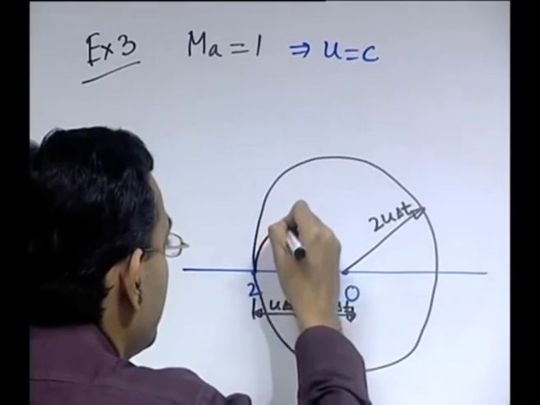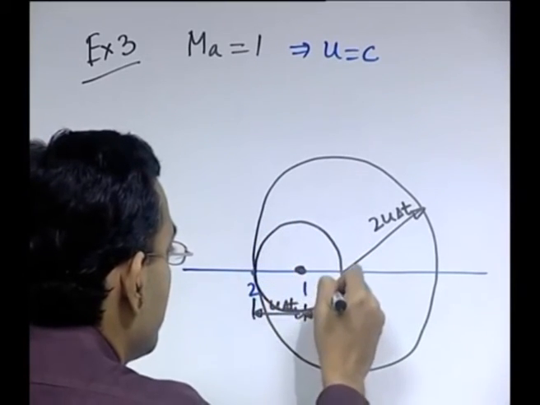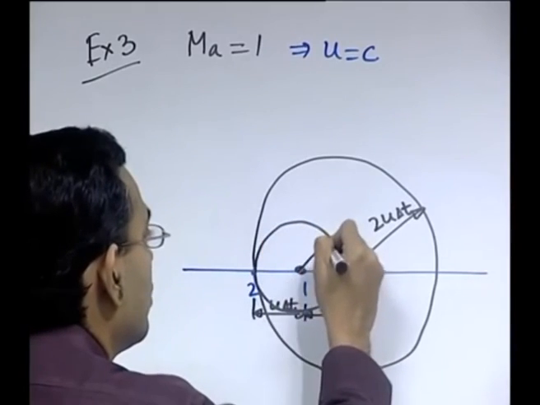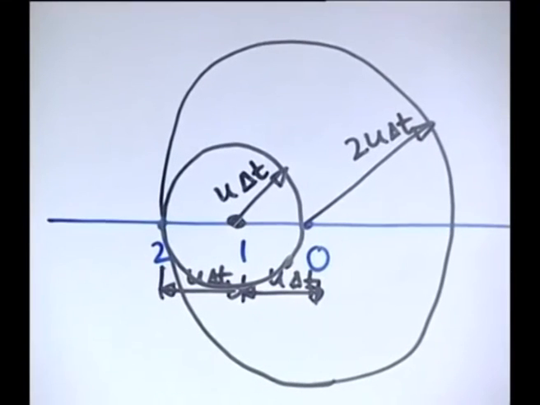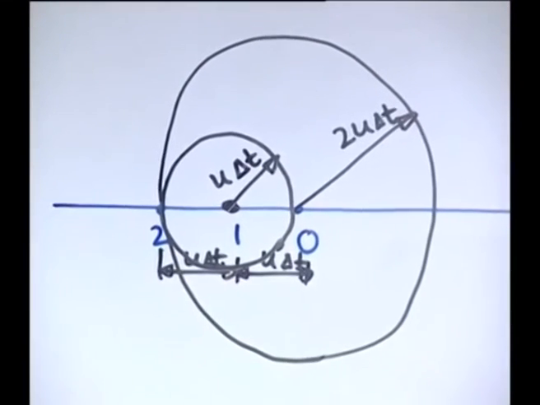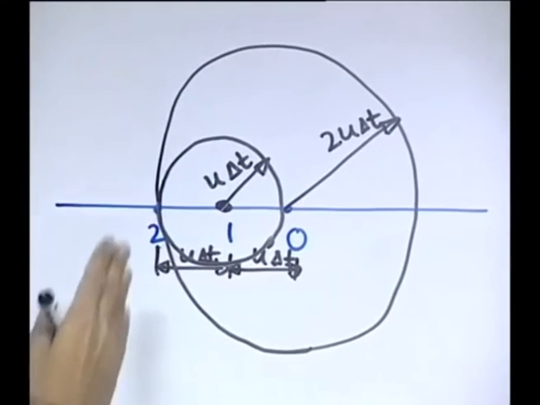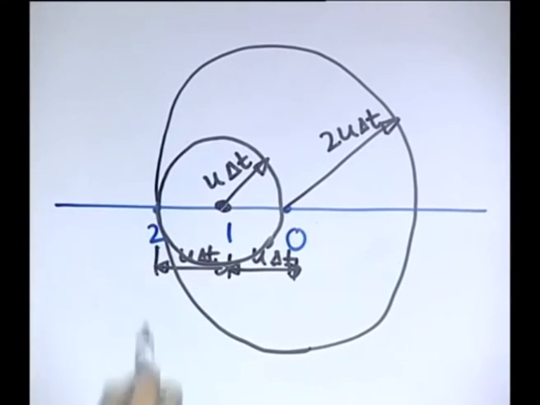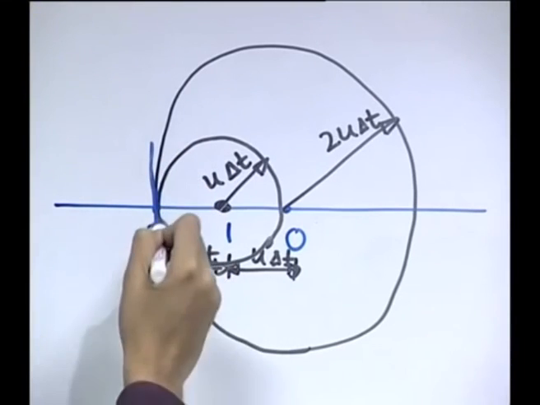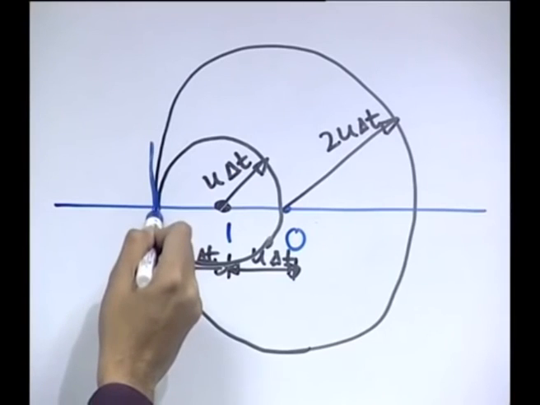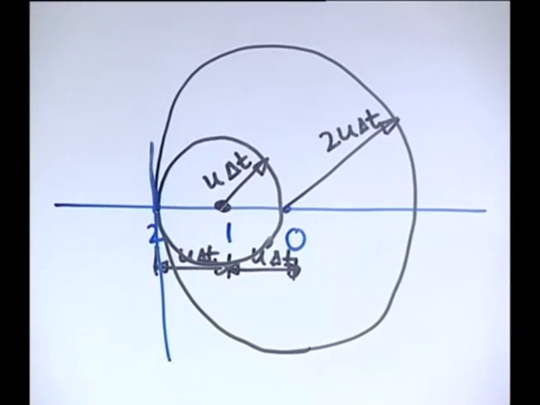Similarly from here it will emit u into delta t. So you can see that there is a critical condition such that the disturbance wave does not propagate beyond the point where the source is now currently located.